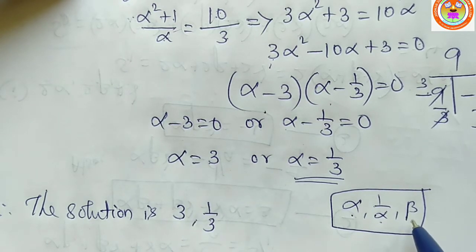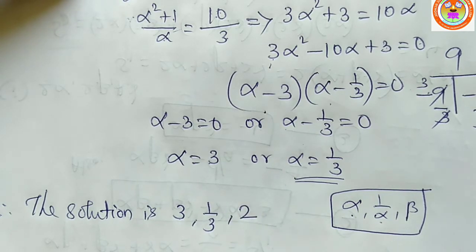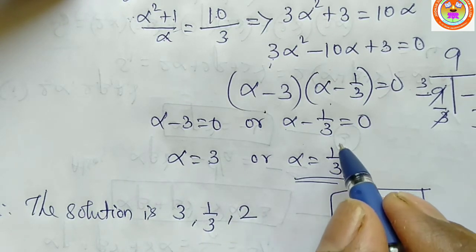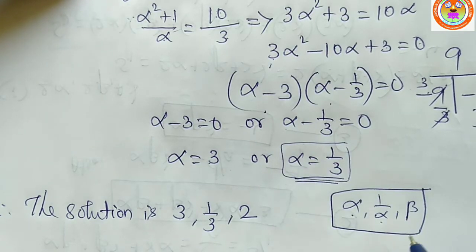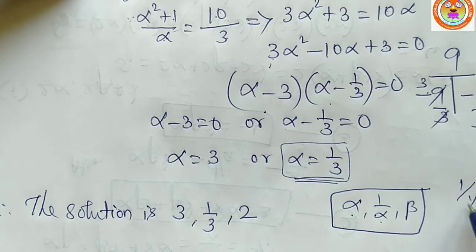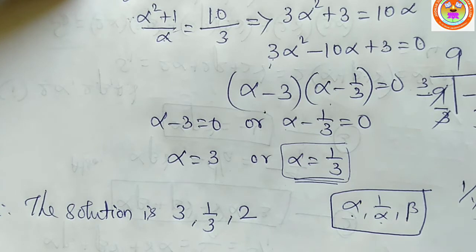Then beta, already we got the value of beta. Beta is 2. Otherwise, if we take this alpha as 1 by 3 means 1 by alpha is 3. So anyhow, the same value is coming. Therefore, the required solution is 3, 1 by 3 and 2.